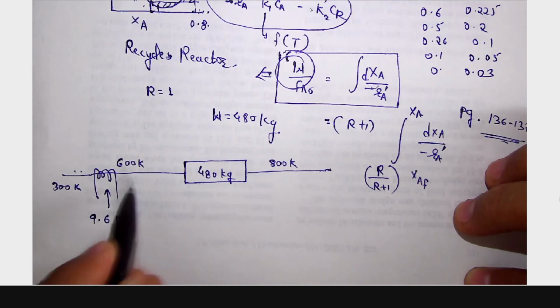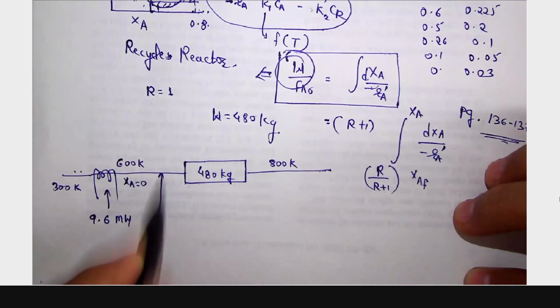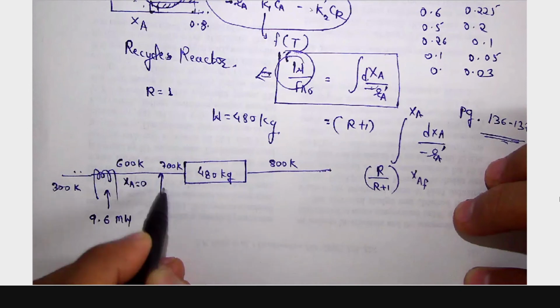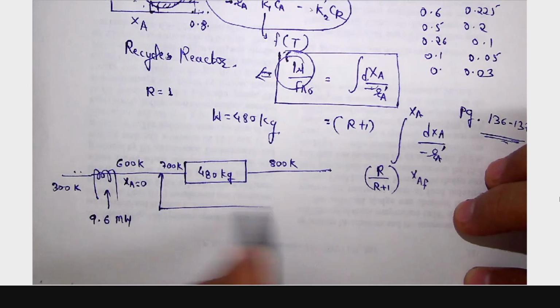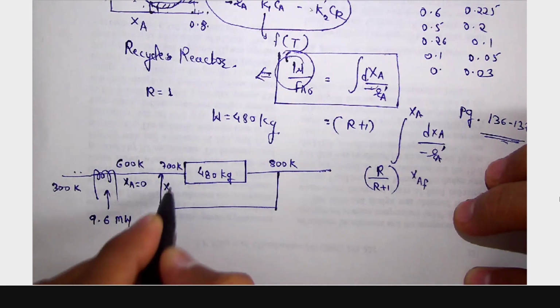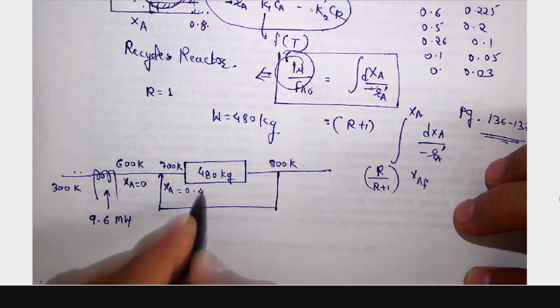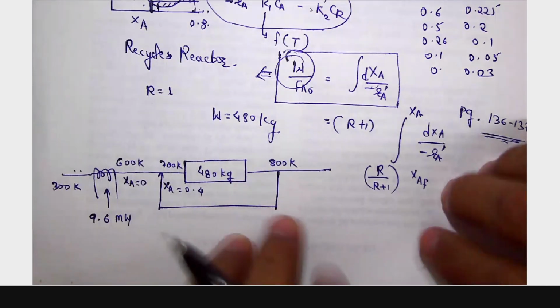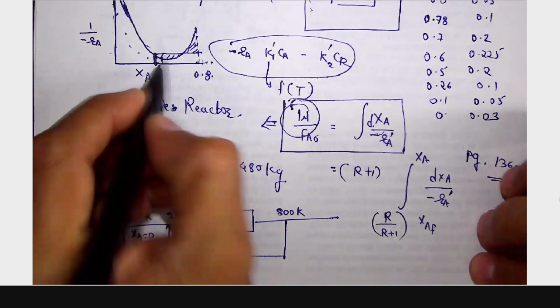Here is no conversion, XA is equal to 0. The recycle stream brings the temperature up to 700 because of the recycling. And here XA is 0.4. This particular point will be 0.4.